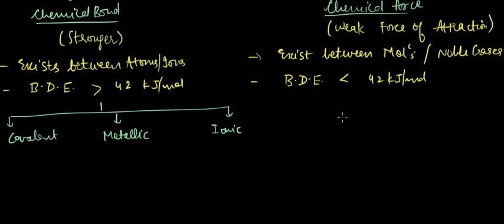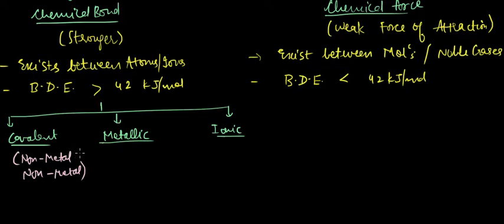The covalent bond generally exists between non-metal and non-metal. The metallic bond exists between metals, and the ionic bond generally exists between metal and non-metal.